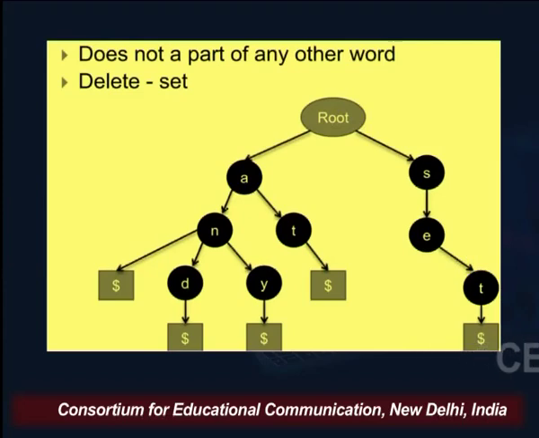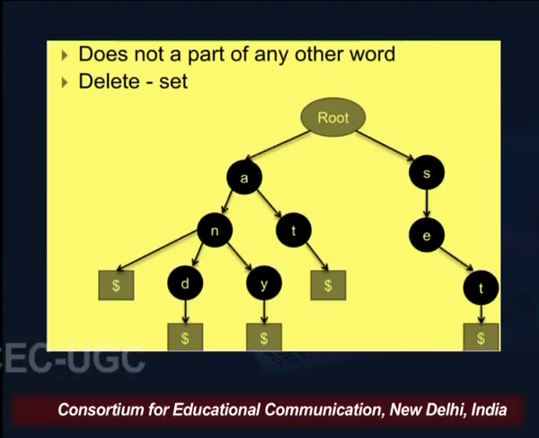Now, we have a scenario in which the word is not part of any other word. For example, in this figure, if we want to delete set, this is a very simple scenario, because we need not take care of any other situation, as set is not a part of any other word.